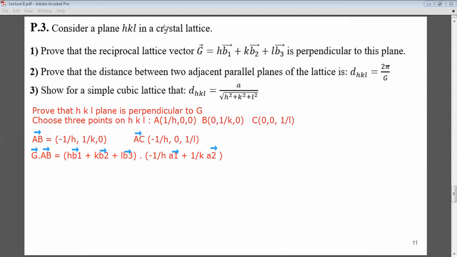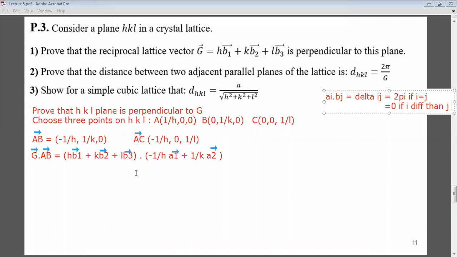Here you have to remember that ai dot bj is equal to 2π delta ij. That is the only thing that survives: if i equals j, it is equal to 2π, and it is equal to 0 if i is different than j.